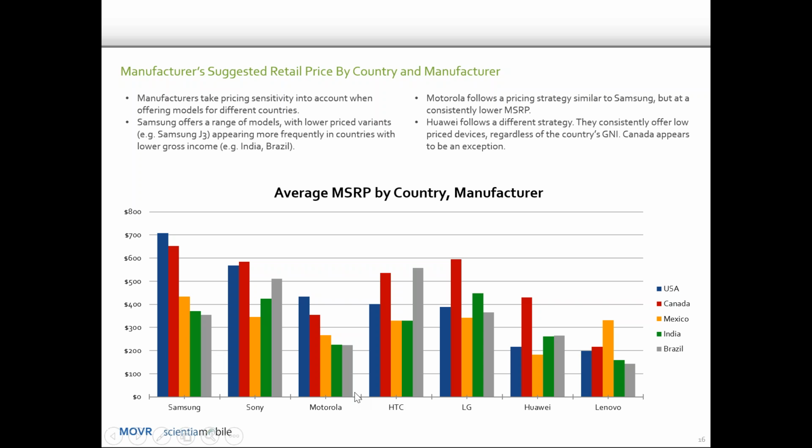Motorola, they actually have a huge market in Brazil, and that price point is considerably lower than what you'd see in the U.S. But you can see they kind of had this same pricing strategy where different models for different types of markets, and they have priced higher in higher income markets like the U.S. Some other manufacturers like Huawei, they seem to have a different strategy.